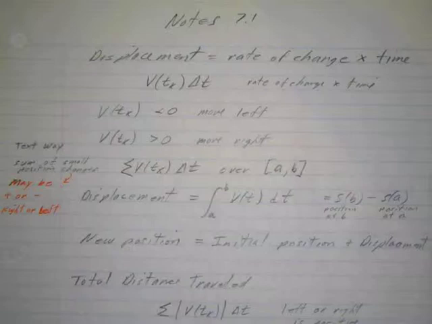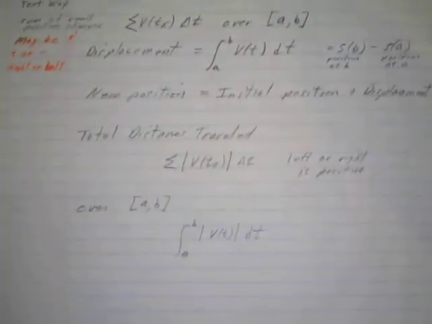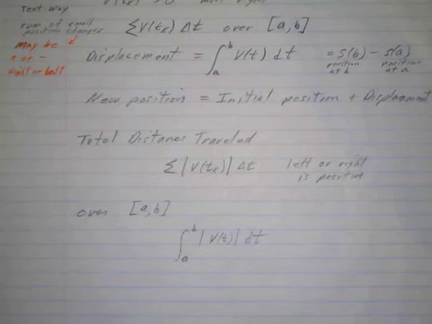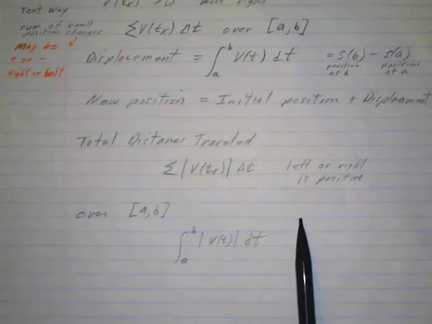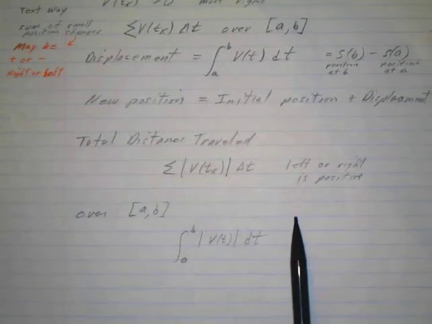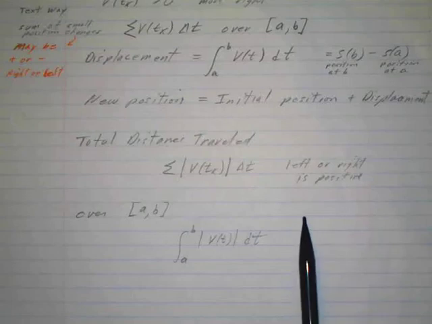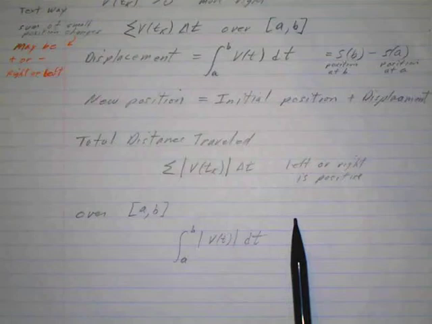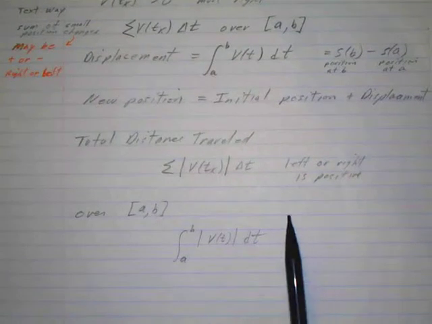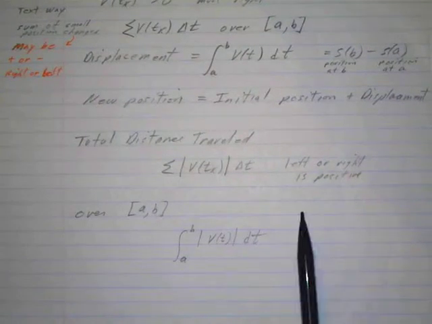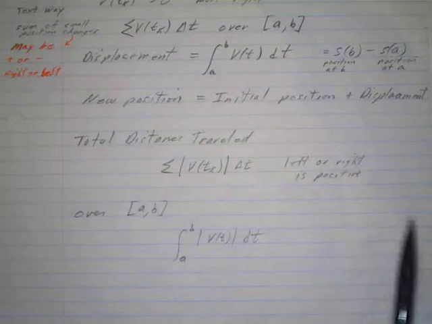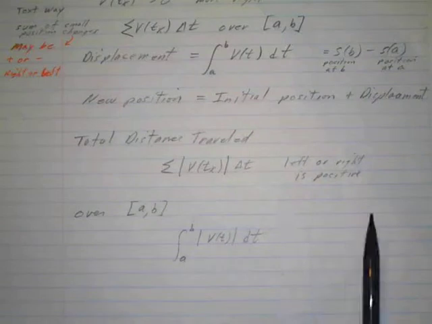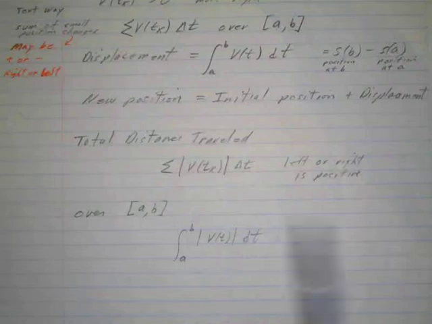Okay. Then they also talk about the total distance traveled. The total distance traveled, whether we're going left or right, we're traveling. So if you start at home and you go to school, then you come back, well, your displacement is 0 because you haven't gone any place, but you actually have traveled the distance. The positive distance and the negative distance are the same, so they add up to 0, because the distance in one direction is positive and in the opposite direction is negative, so they cancel out.